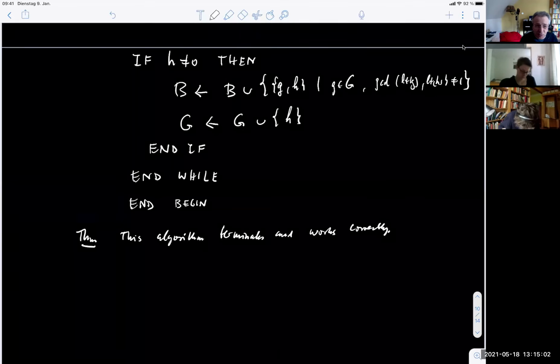By this, I mean the output indeed will be a Gröbner basis. So proof. I think this is the first time that I argue about correctness of an algorithm. So let's be careful. Let's first talk about termination.